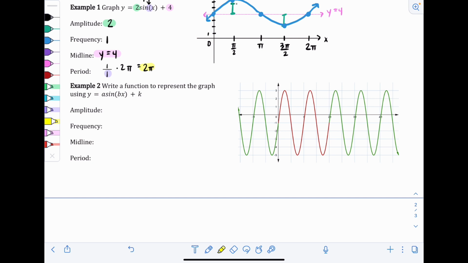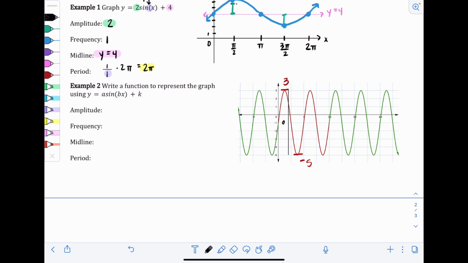I'm going to go ahead and just find the midline by finding the middle point on the graph. So the highest point on the graph is at 3. The lowest point on the graph is at -5. You could average those two numbers, or you could count the distance between them and find the middle that way. So the distance from 3 to -5 is 8.